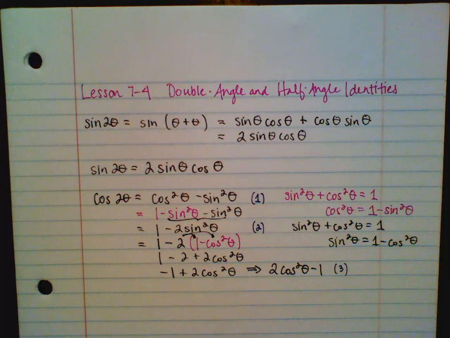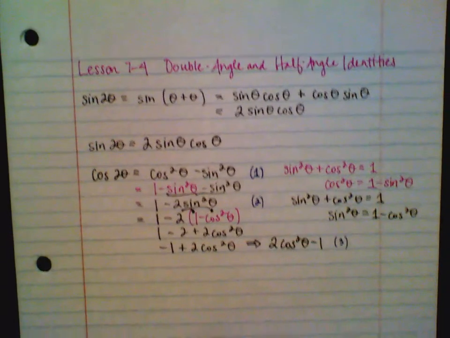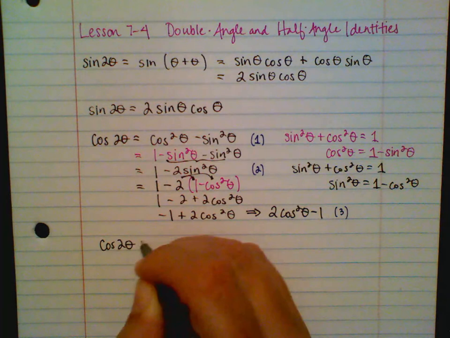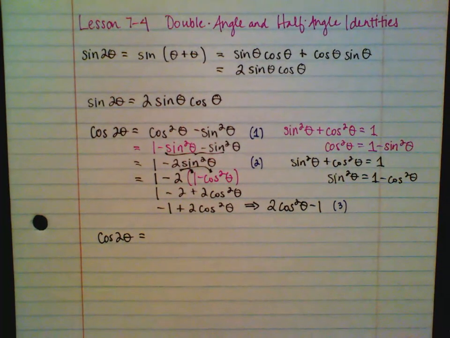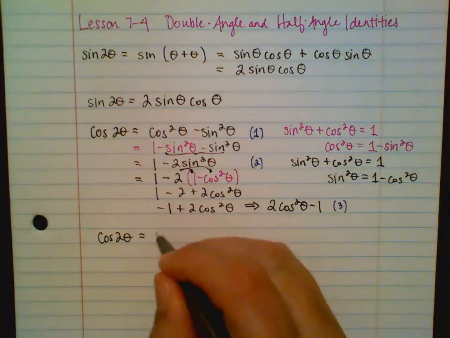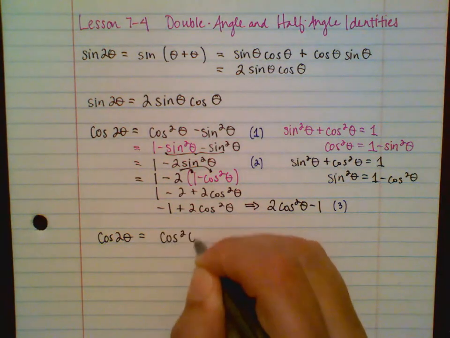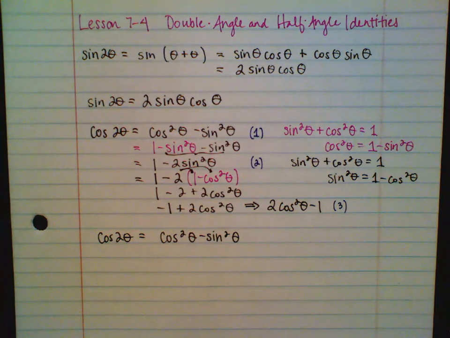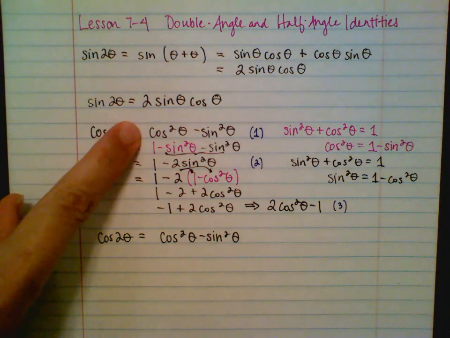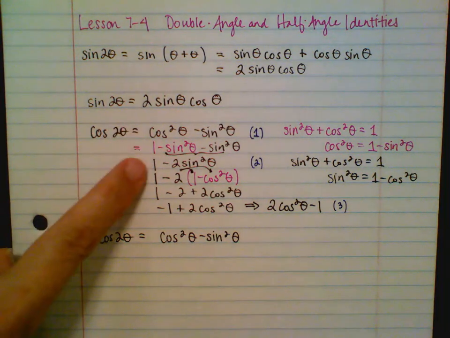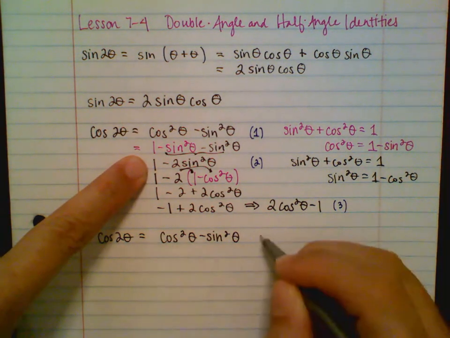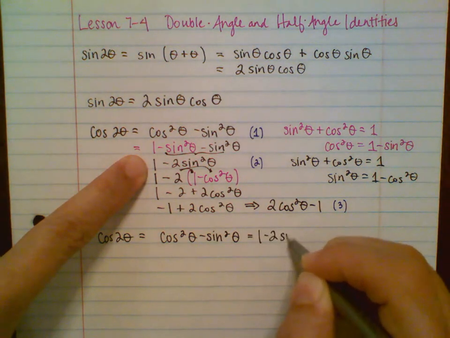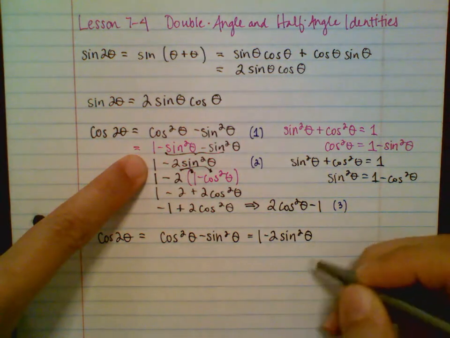Man, I just threw a whole bunch at you. So let me summarize those for you. Cosine of 2 theta actually has 3 different identities. It is cosine squared theta minus sine squared theta, which is what we originally started with. It is also 1 minus 2 sine squared theta.